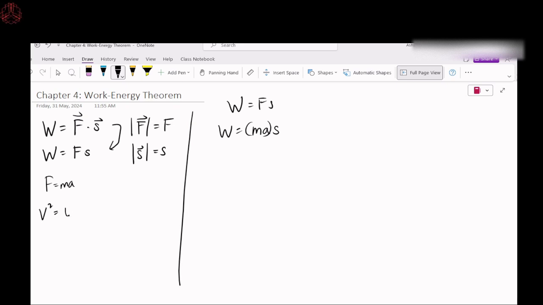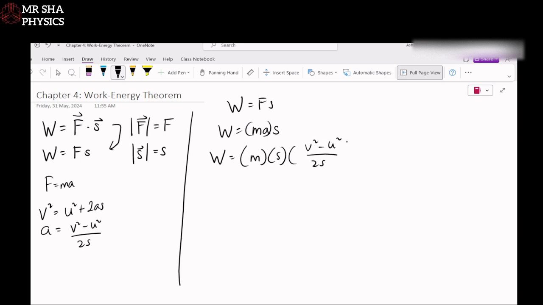I have v squared equals u squared plus 2as. I can rearrange that such that I'll have a equals v squared minus u squared over 2s. So then I'll have m times s times v squared minus u squared over 2s.